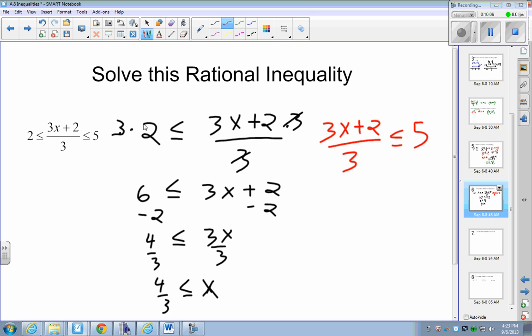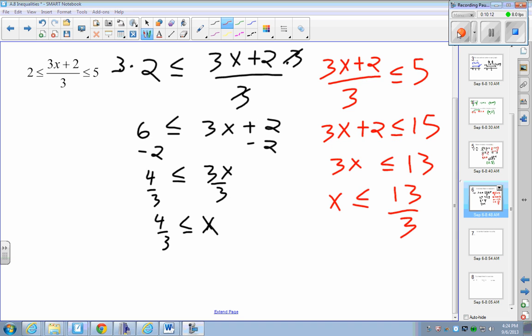And this one, I'm going to pause the video and come up with a solution at the end, and then we'll come back together to write an interval. So after I got done solving for x, I got x is less than or equal to 13 over 3. I was hoping you guys got the same thing too. So now let's put this into interval notation. By doing this, we put the small number first.